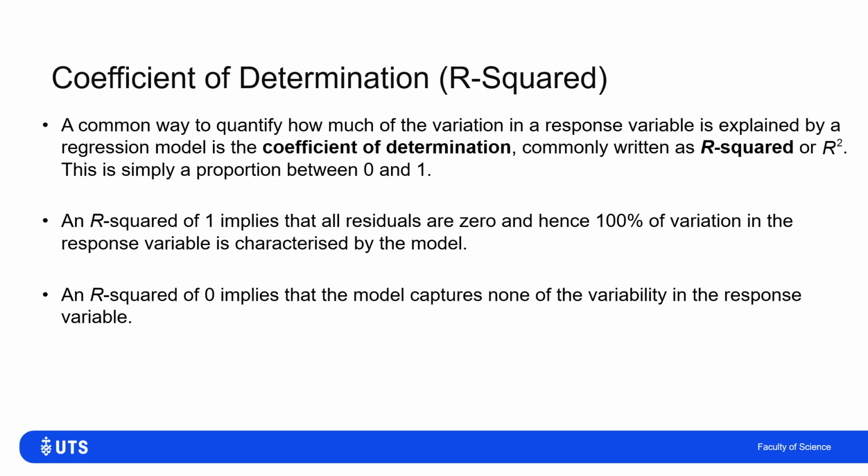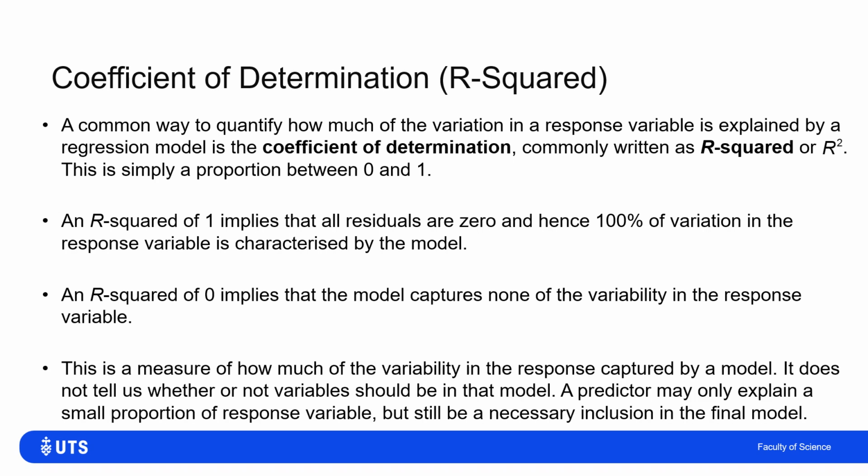This is all just a cloud of points without any explanatory power in our predictors. So obviously, in general, values of 0 or of 1 are exceptionally rare to see. But it does just describe how much of the response is determined by changes in the predictors.